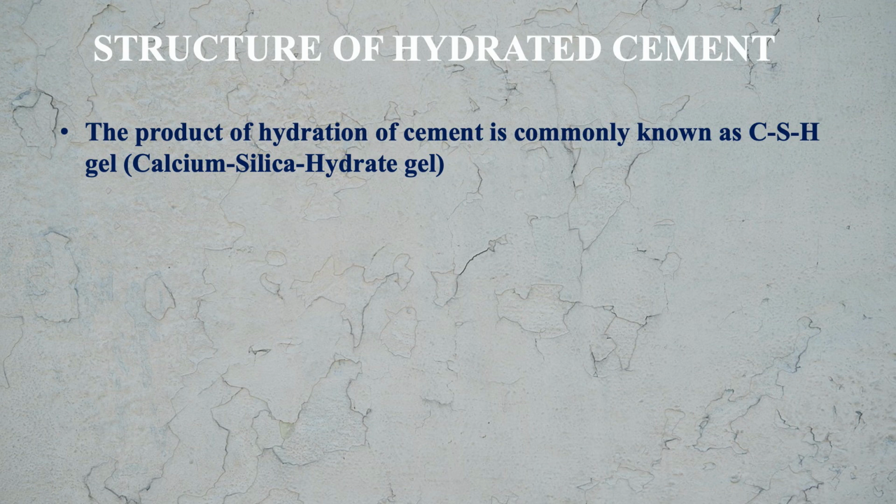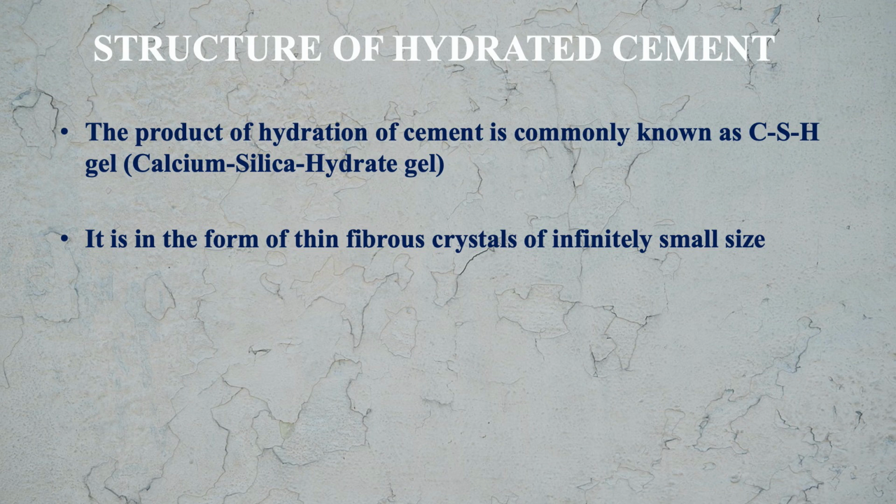C for calcium, S for silica, H for hydrate. So it is basically calcium silica hydrate gel. It is a very complex compound, and it is in the form of thin fibrous crystals of infinitely small size. Here infinitely small size, you can say nano size.